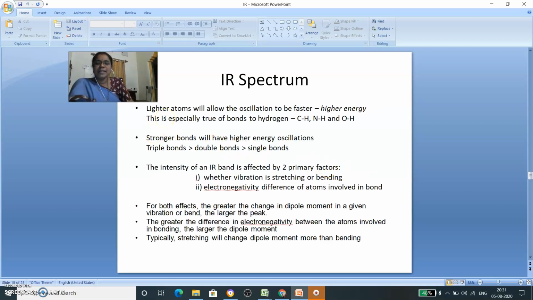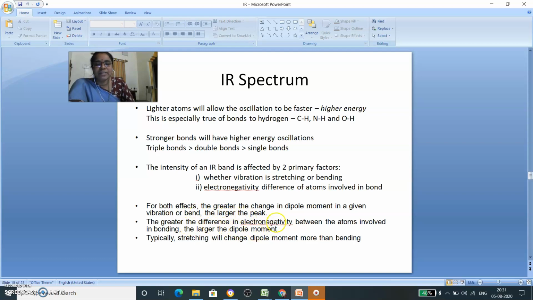Right? So, lighter atoms will allow the oscillation to be faster, with higher energy. This is especially true of modes of hydrogen, of carbon, hydrogen, and oxygen. So, this is about the order: triple bond greater than double bond greater than single bond. It is affected by 2 primary factors when vibration is stretching or bending. Electronegativity difference of atoms involved in the bond: for both effects, the greater the change in dipole moment in a given vibration or bend, the larger the peak.